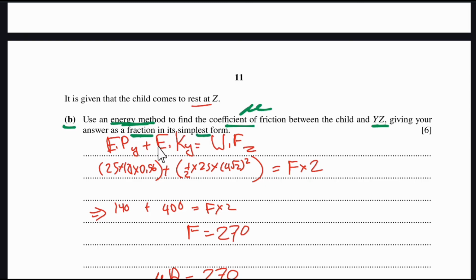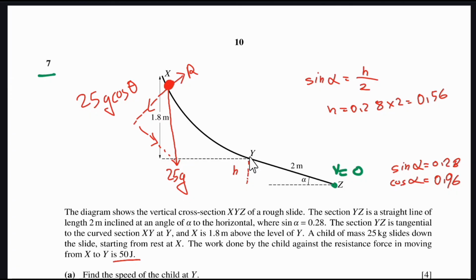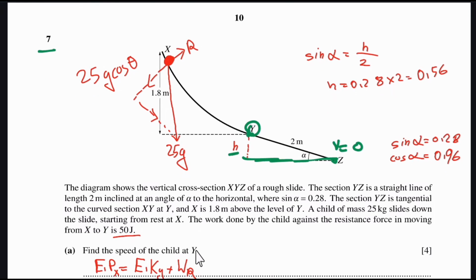So we must give our answer as a fraction in the simplest form. If we consider this as a base, there is some vertical height here, so there is gravitational potential energy at this point, plus kinetic energy from the speed at y. So EP at y plus EK at y is equal to the energy at z. At z it comes to rest, so the kinetic energy is 0, and since it is the baseline, the gravitational potential energy is 0.